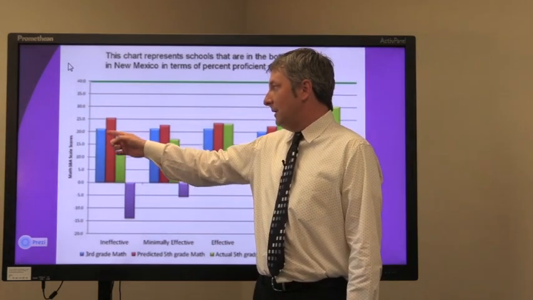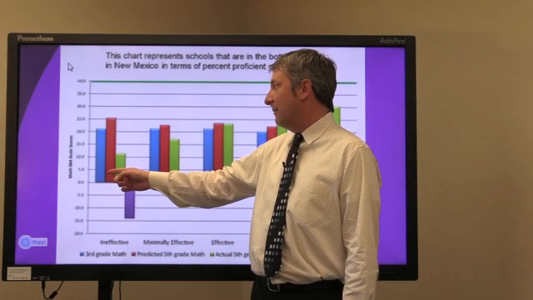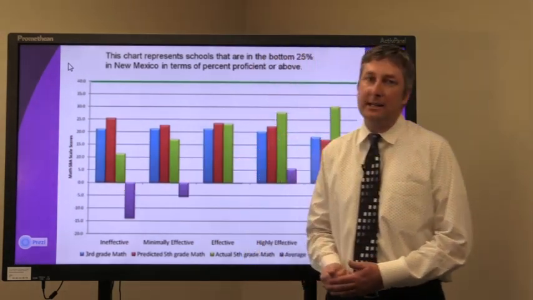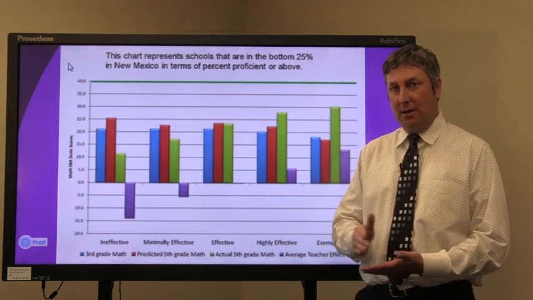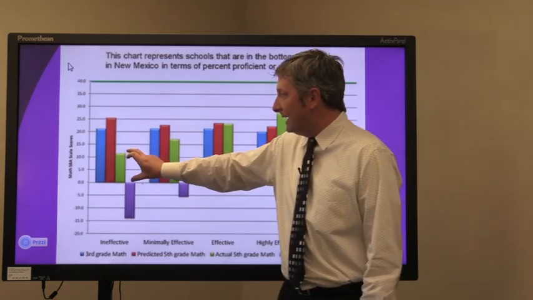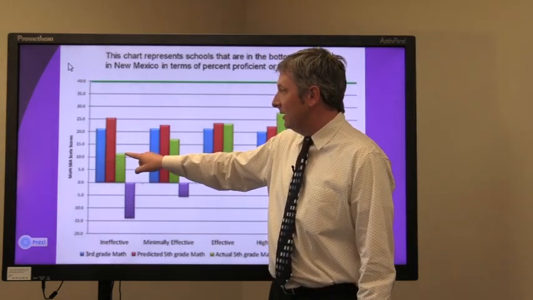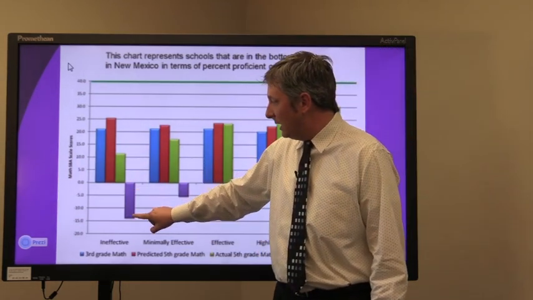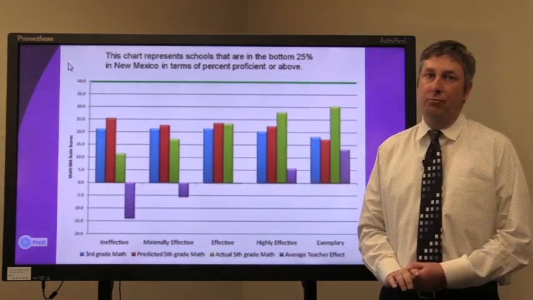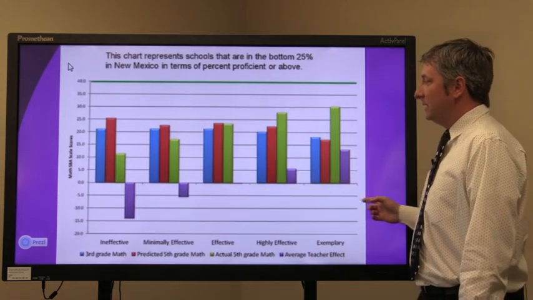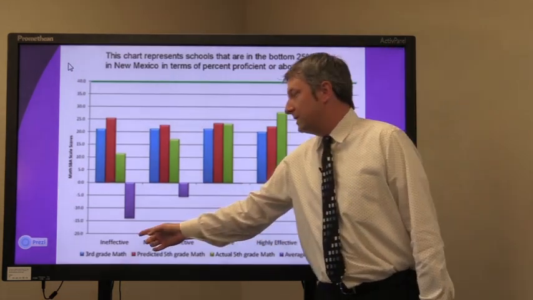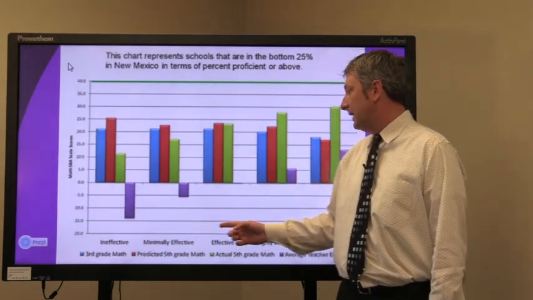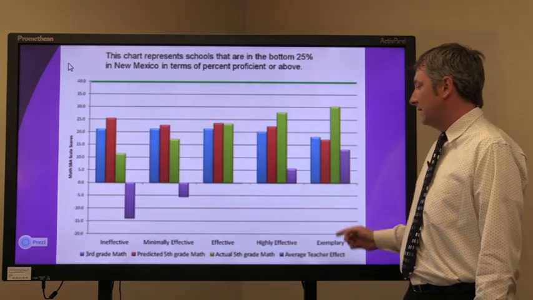On these, you have the blue, that is 3rd grade math. Red is the expected achievement that we would expect based on previous history. And then green, at about 11, is where the students actually performed, which shows a regression of about 14 points. And this distribution then makes up the range from ineffective, minimally effective, effective, highly effective, and exemplary.